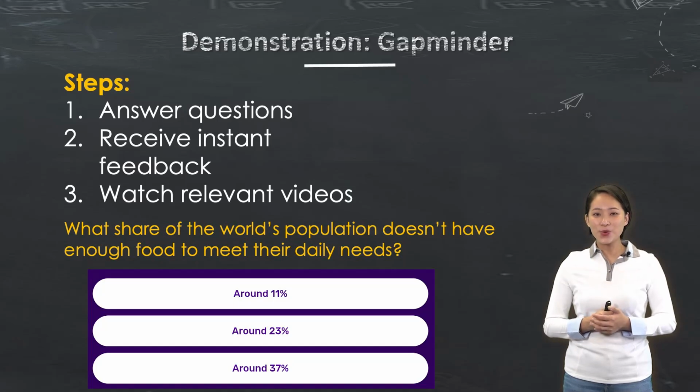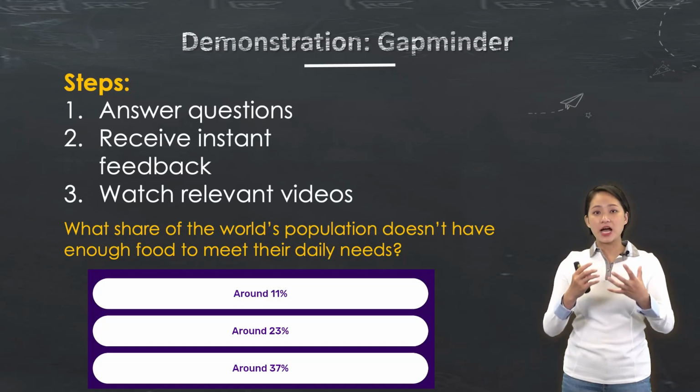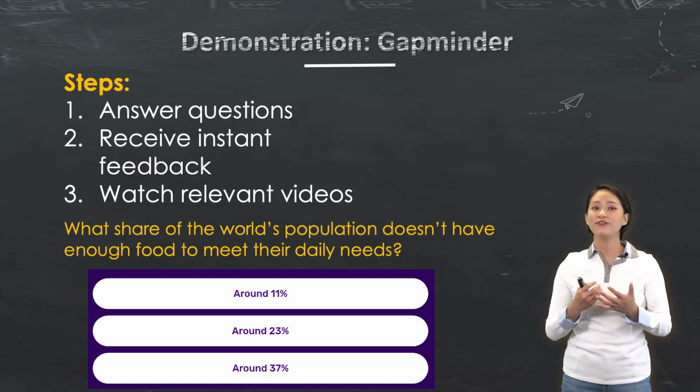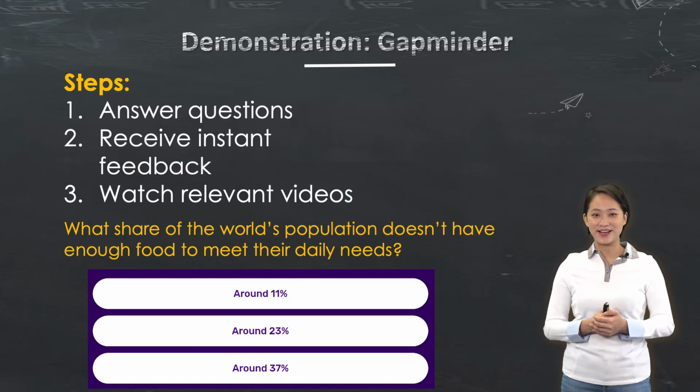Now, if your answer was 23 or 37, you were wrong. Gapminder will then give you instant feedback of what the correct answer is, which is the first one, around 11%. Because you answered wrong, the website will recommend some relevant videos for you to watch to fill in the gap. Isn't that fun?